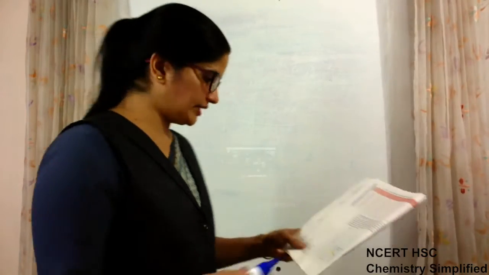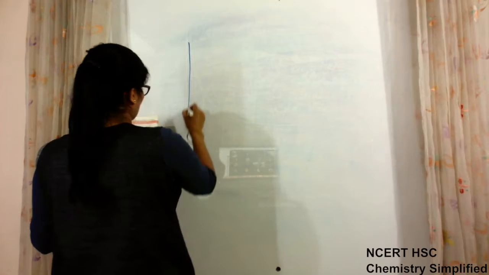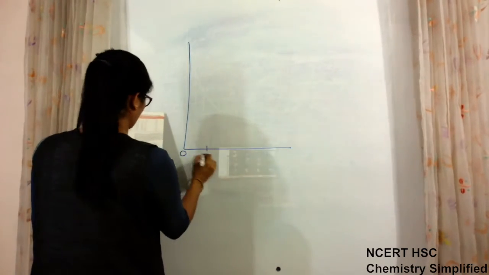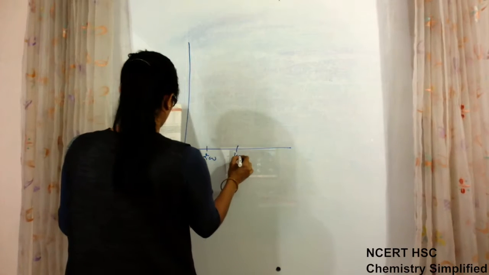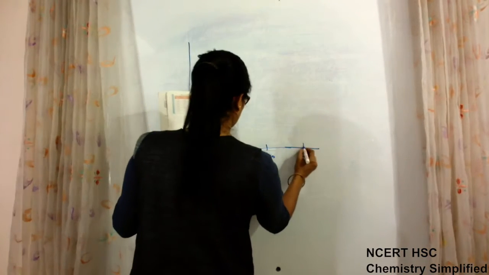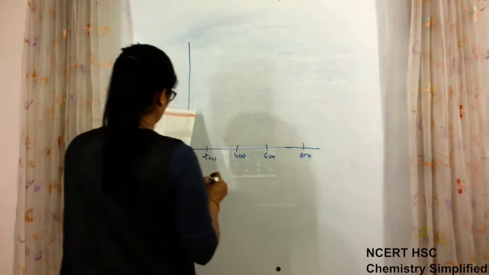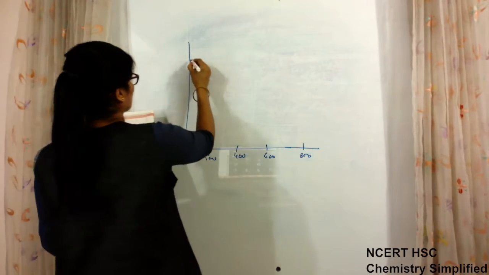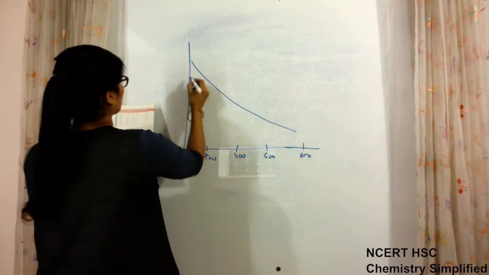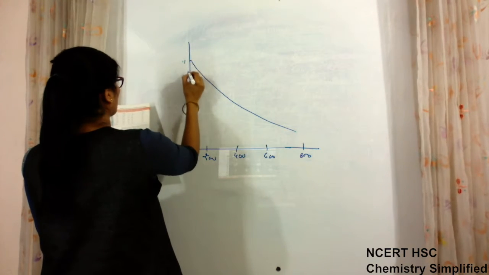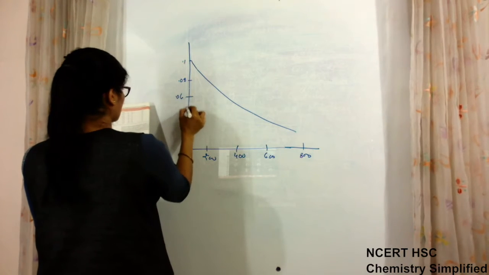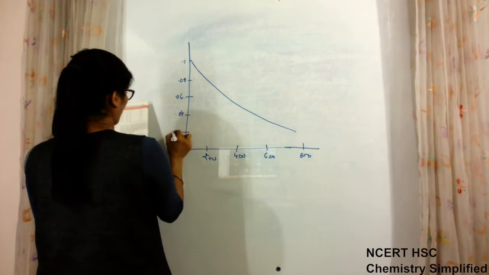For example, if we take this question which is given, the question in the book is like this. On graph, this is 0, 200, 400, 600, then 800, and in terms of reactants the line is shown to you. Then this is 0.1, 0.08, 0.06, 0.04 and 0.02.